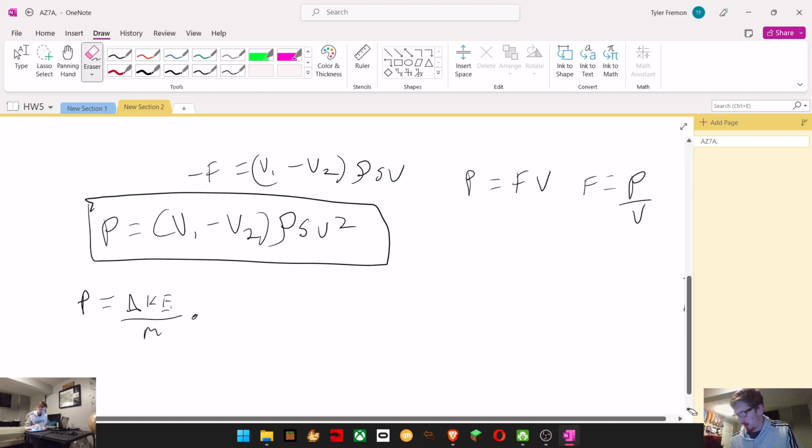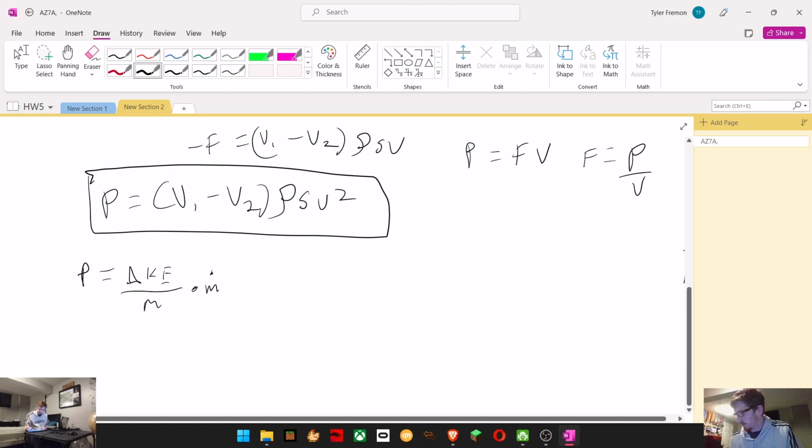Let me put that dot above the m there. So we have power is equal to 1/2 mass times V1 minus V2 squared times the mass flow rate all over the mass.